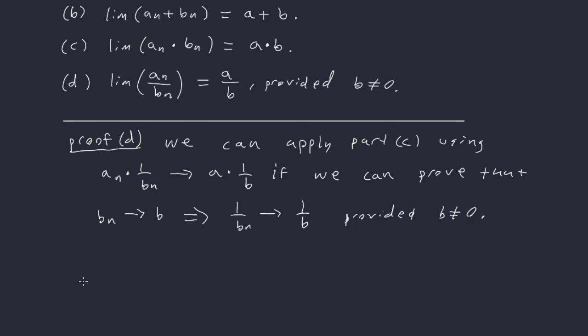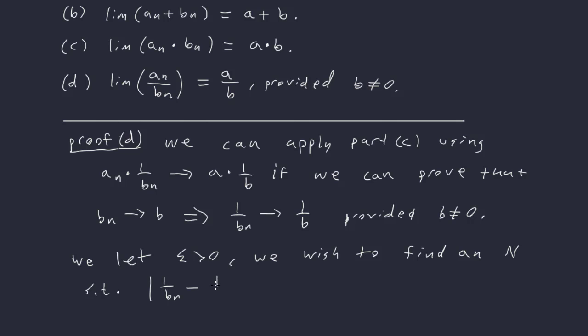All right, so to do that, we let epsilon be greater than 0, and we wish to find an N such that the absolute value of 1 over Bn minus 1 over B is less than epsilon for all little n greater than or equal to this N that we've found.